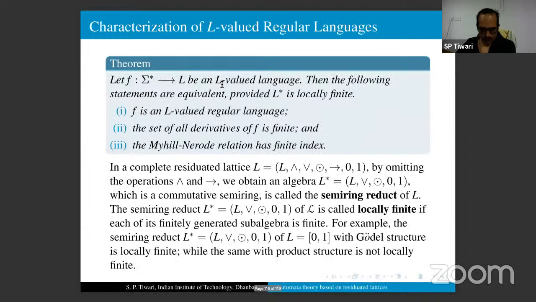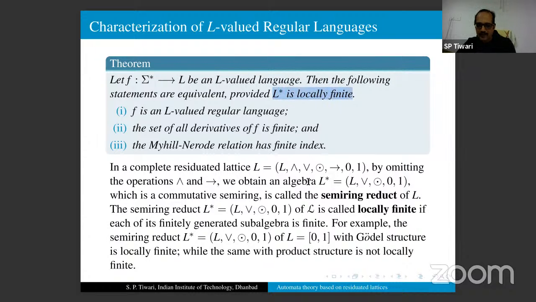The one thing last that I want to discuss is a well-known concept in automaton theory that can be extended to the L-valued theory of automaton when we are using residuated lattice structure. This is the well-known Myhill-Nerode theorem. But whenever we go for automata theory in a multi-valued setting, this Myhill-Nerode theorem holds good, but the condition is that our L star should be locally finite.